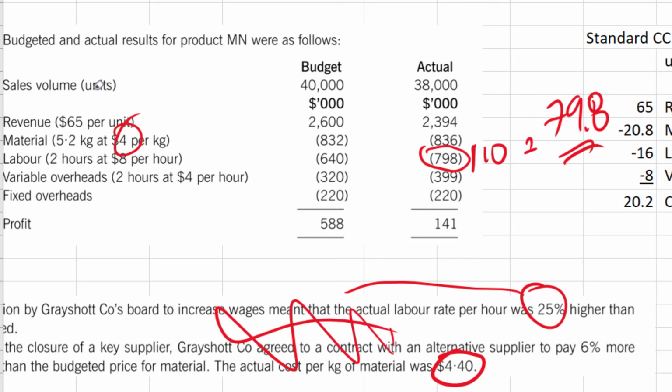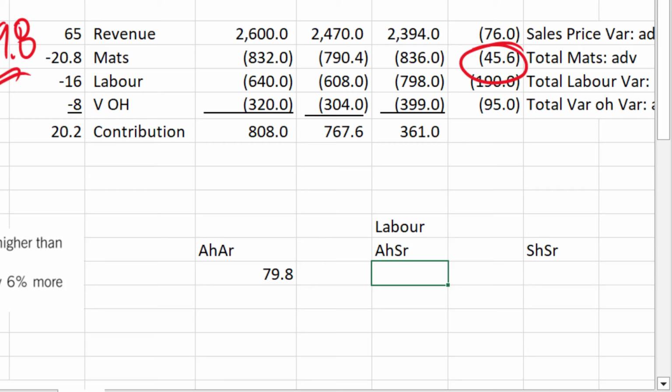So I could plug in 79.8. 79.8 actual hours multiplied by the actual rate, 10, and then the standard rate, 8.